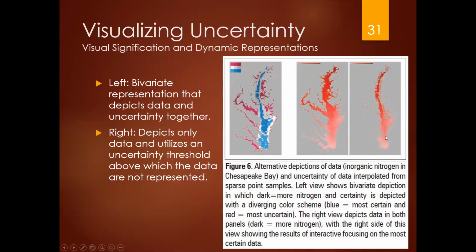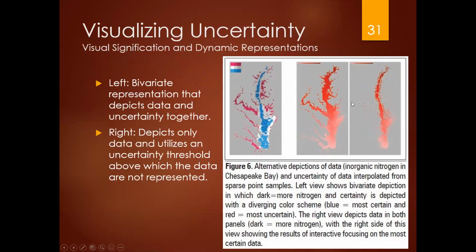If you compare this part with the blue part on the left side, this is a part with high certainty, or low uncertainty, right? And most of the rest of the area has been hidden because they have high uncertainty and are portrayed in red on the left. It makes sense. So static geovisualization shows data and uncertainty in one map.